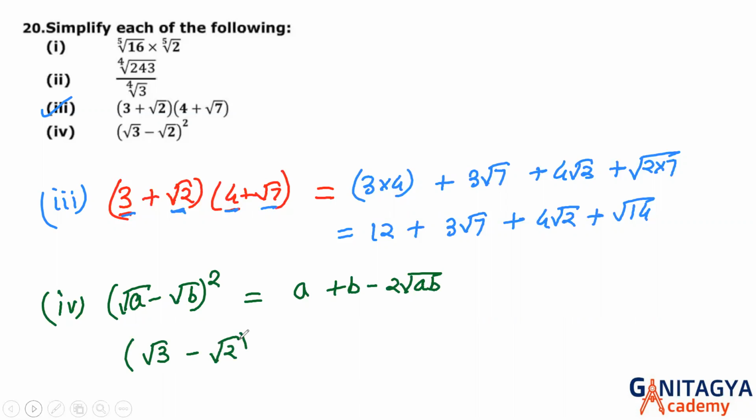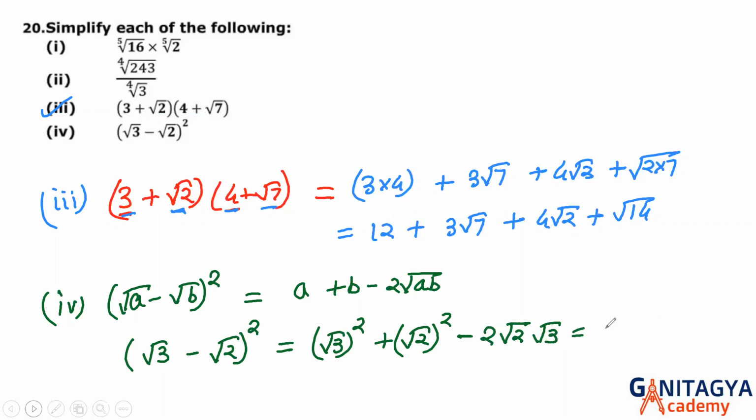So I can write (√3 − √2)². So I can write (√3)² + (√2)² − 2·√2·√3. So I can write 3 + 2 − 2√6. So this is 5 − 2√6. Very nice. So this is also done. Please write it down and let me know when done.